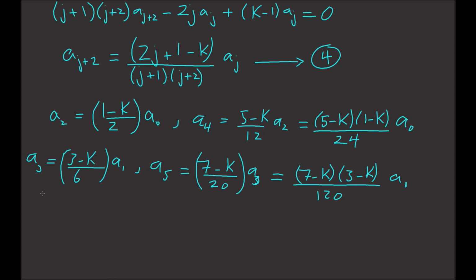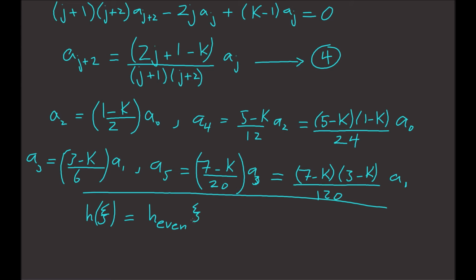So our solution, h of squiggly, is made out of two h's, the even one plus the odd one of squiggly, right? And let's define these.